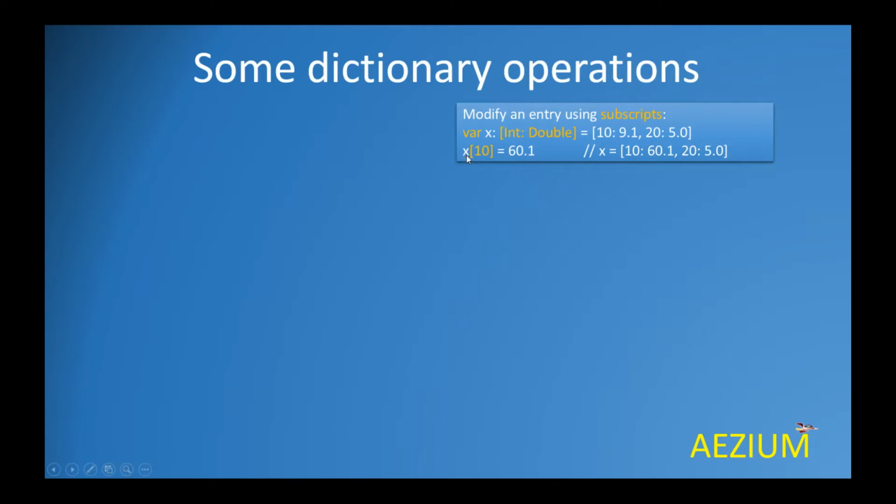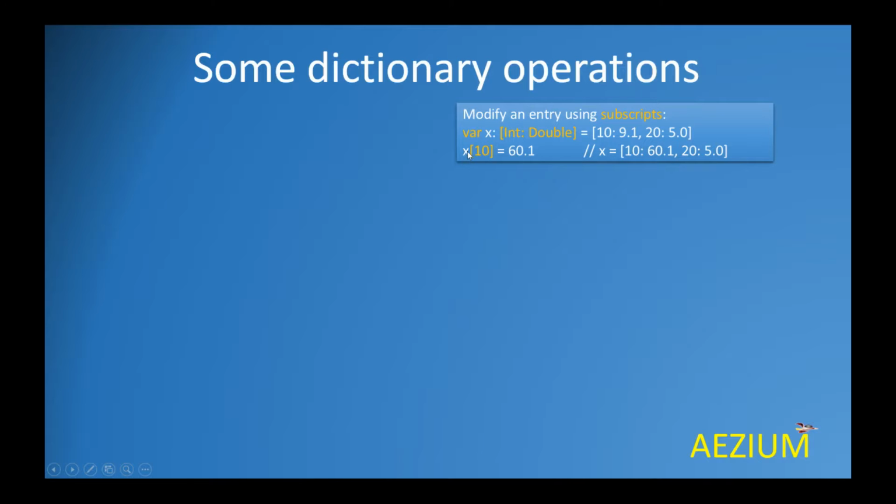We start with the name of our variable, which is a dictionary, followed by square brackets. Within the square brackets, we use the key of the pair of interest, in this case 10.